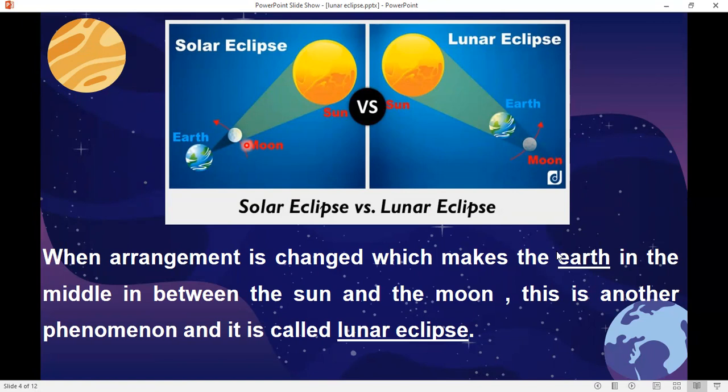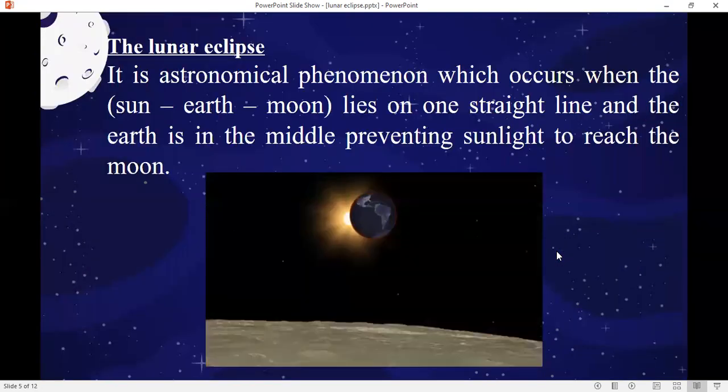So when the Earth comes between the sun and the moon, it will make another phenomenon, which is the lunar eclipse. And it occurs in the middle of the lunar month. So let's find the definition.